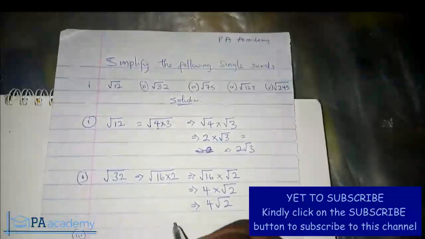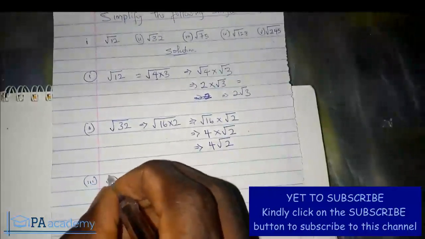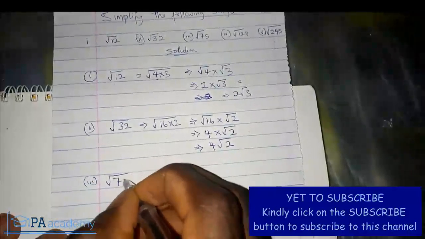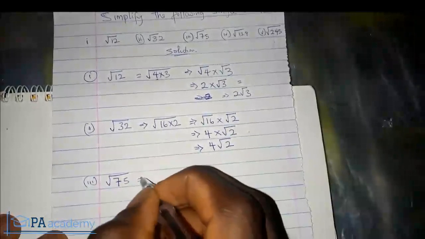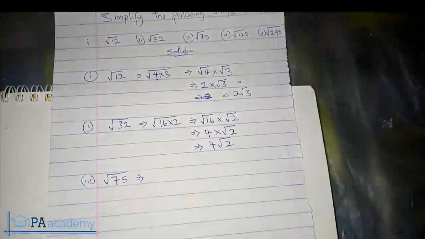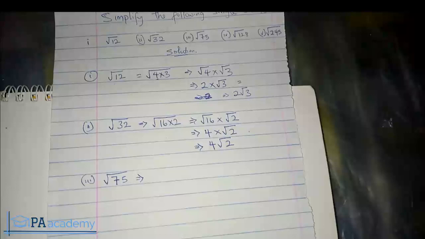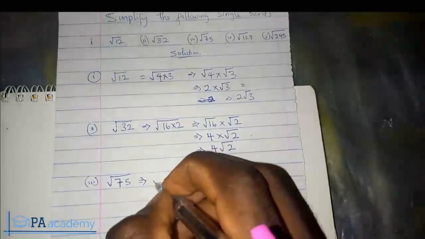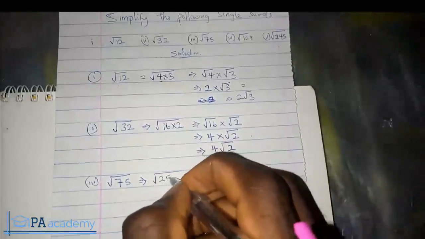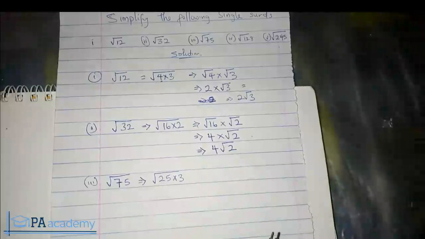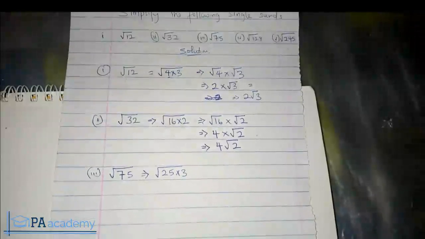Number 3 is the square root of 75. To simplify this also, we need two numbers, one a perfect square, which, when multiplied, will give us 75. Those two numbers are 25 times 3, because 25 times 3 will give us 75.